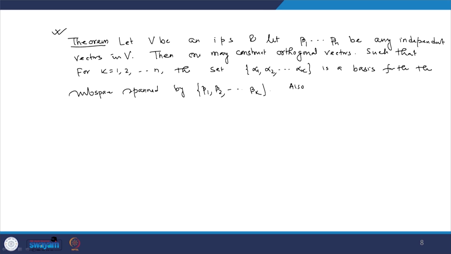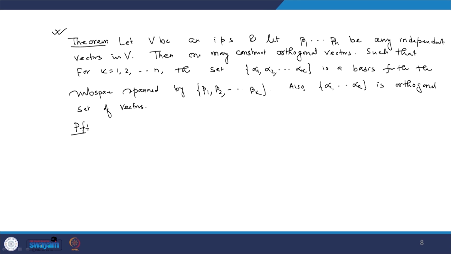Also, alpha 1 to alpha k is an orthogonal set of vectors.